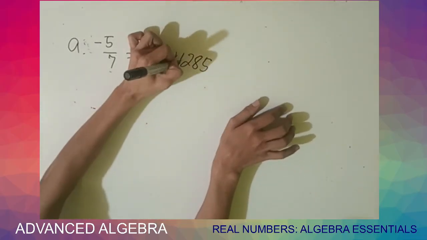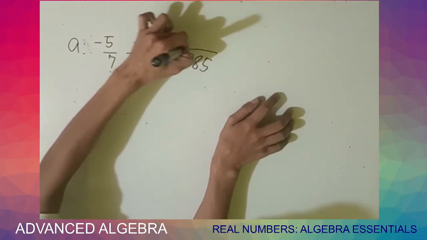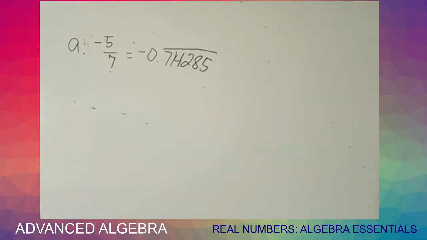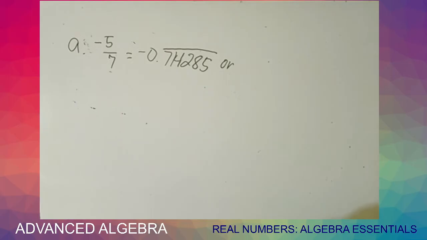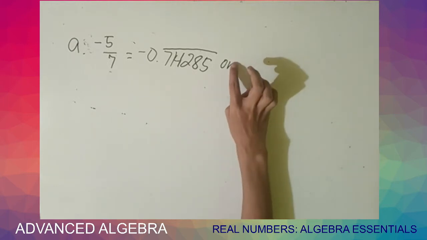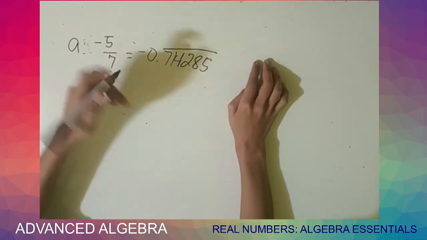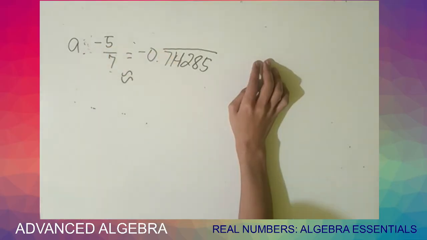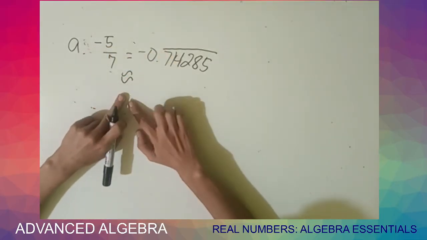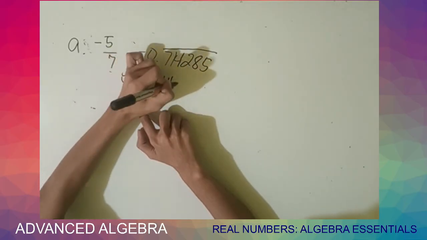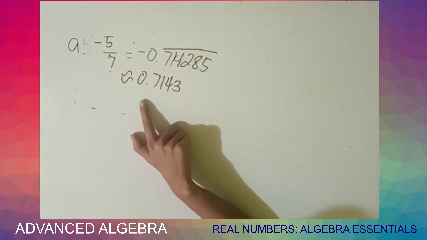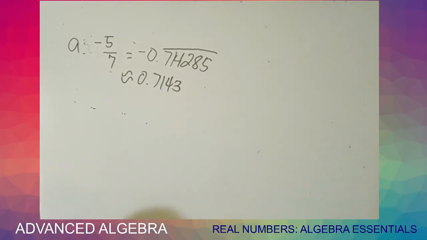So lalagyan natin siya ng bar dun sa taas. Okay? Or we can round off to 4 decimal places para hindi na tayo gagamit ng bar. Okay? Pero it is an approximation. Pag sinabing approximation, niround off natin. So, gagamit tayo ng symbol na approximately 0.7143. Okay? So, 4 decimal places yung ginawa natin.